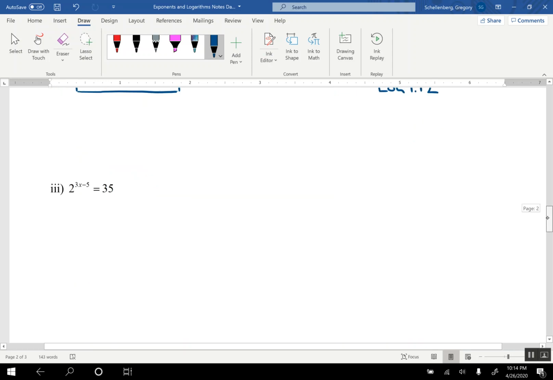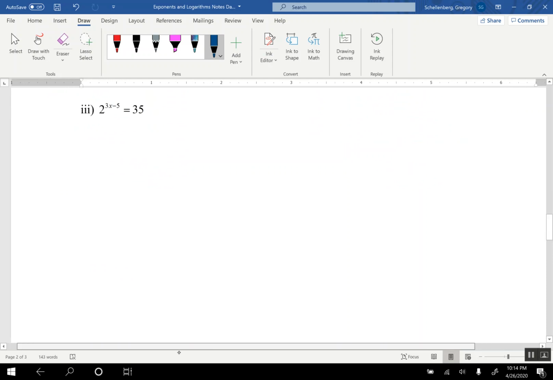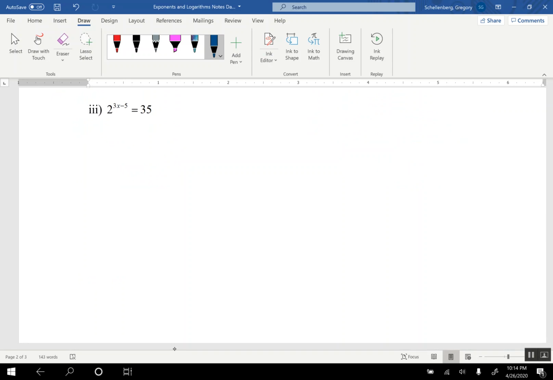Okay, and the next one, same idea, just increasing the degree of difficulty a little bit. I'm going to log both sides to begin. So we're going to rewrite this as the log of 2 to the 3x minus 5 is equal to the log of 35.